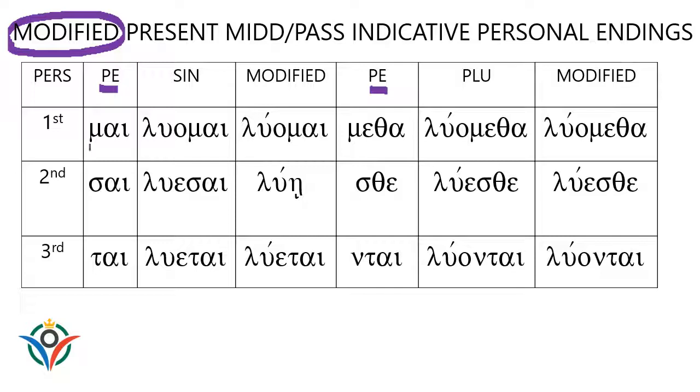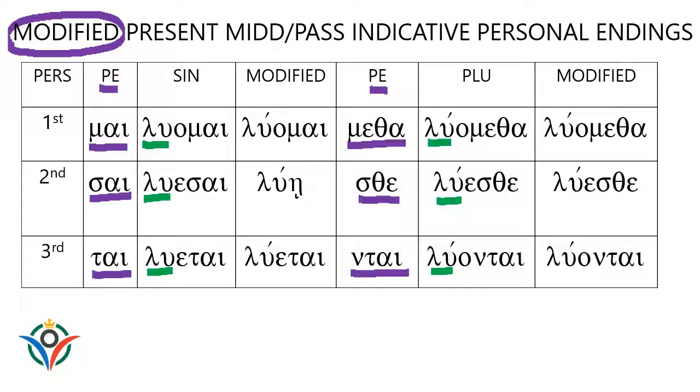The singulars are mai, sai, and tai, and the plural, metha, sthe, and ntai. The stem that we are using again to learn these endings is lu, which means to loose and sometimes can mean to destroy. We also have the connecting vowels again.